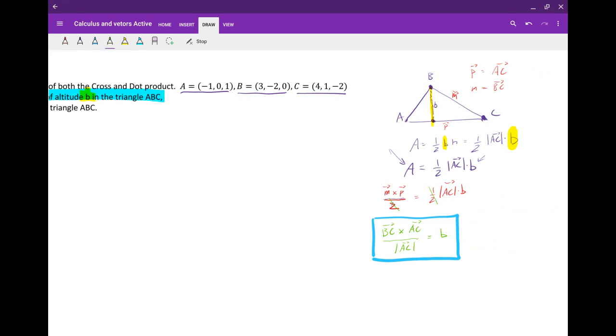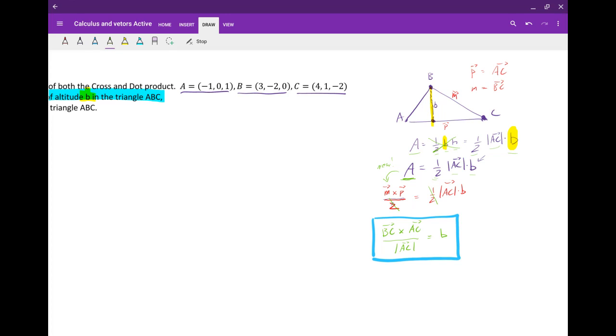Just quickly going over that again. The area of a triangle is 1/2 base of the triangle times height of the triangle. I've called the base AC, and the height, which is what we're looking for, I've called B. So the area of the triangle is 1/2 AC B. And then this is the new formula: the area of a triangle is the cross product of two of its sides divided by 2.